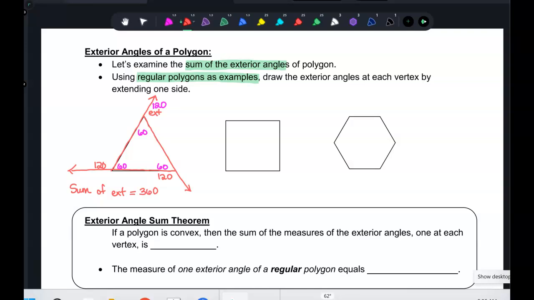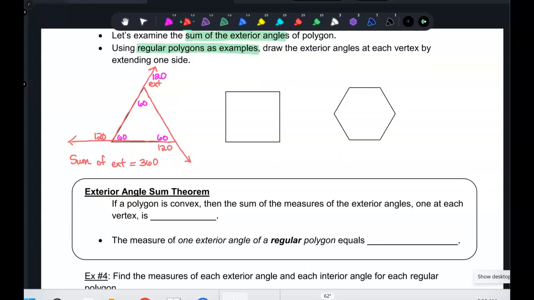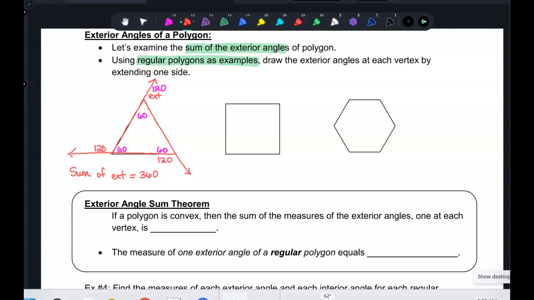Okay, so now let's see if we have a regular quadrilateral, also known as a square. Let's extend each side this time. So this exterior angle will be how many degrees?